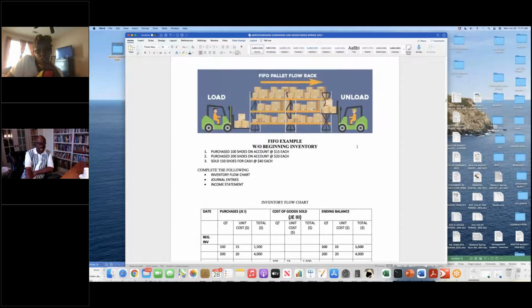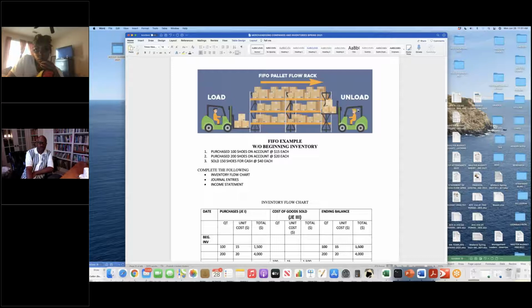So what have we said? For our shoes, we bought 300 pairs of shoes. The older shoes are here, the old 100, and the new 200 are back here.